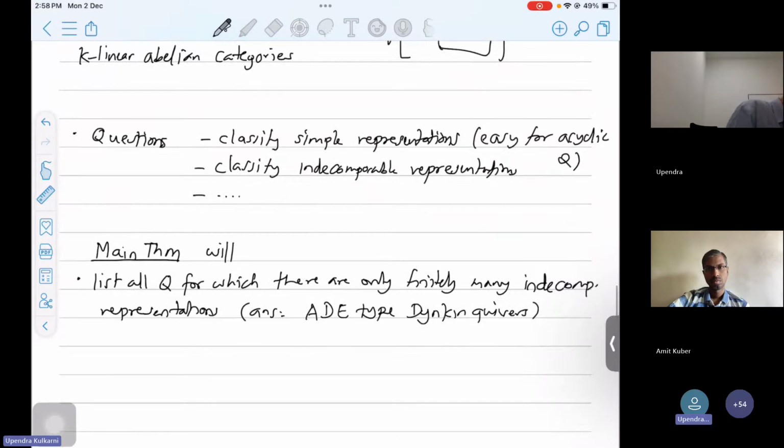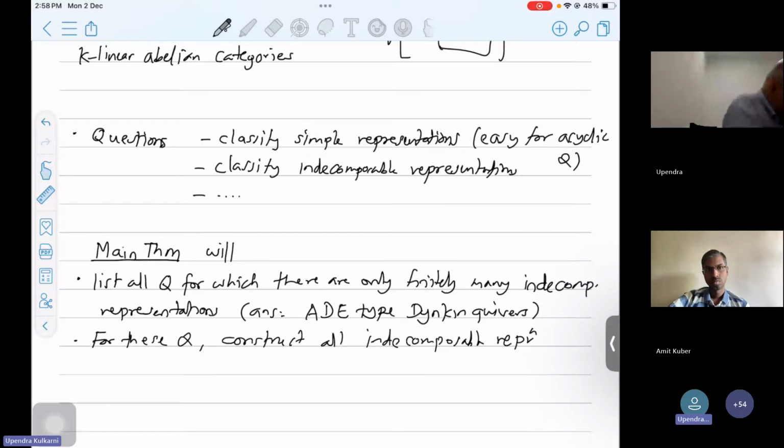Lots of amazing things. Let me write down and then I will tell you. For these quivers, construct all indecomposable representations.